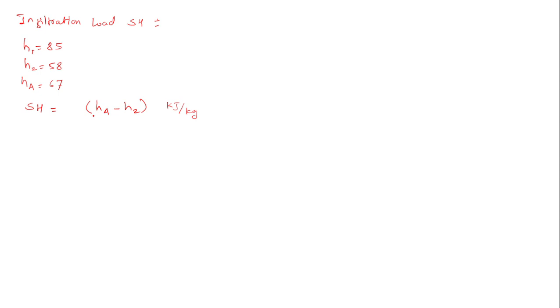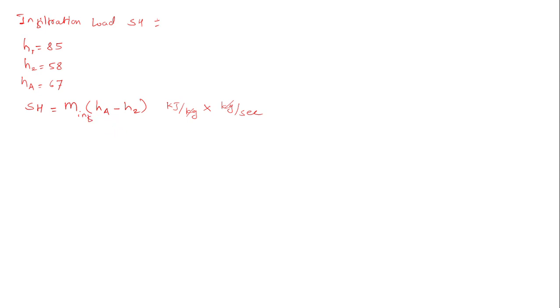If I want to get this answer in kilowatt, I need to multiply this by kg per second, so that the kg gets cancelled and kilojoule per second is the kilowatt. This term, kg per second, is the mass of air. So what is the mass of air? This is the mass of infiltration air.